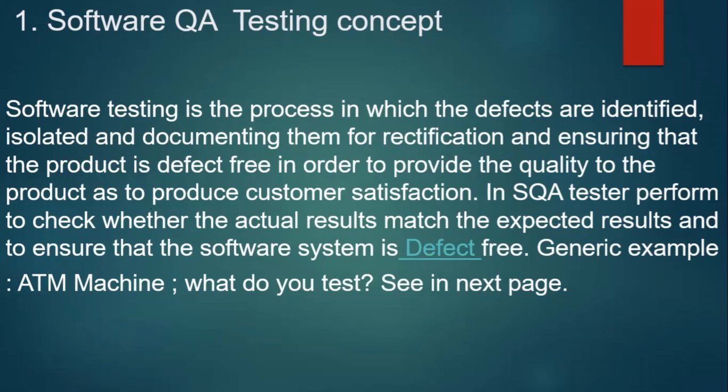In software QA testing, the tester checks whether the actual result matches the expected result and ensures that the software system is defect free.